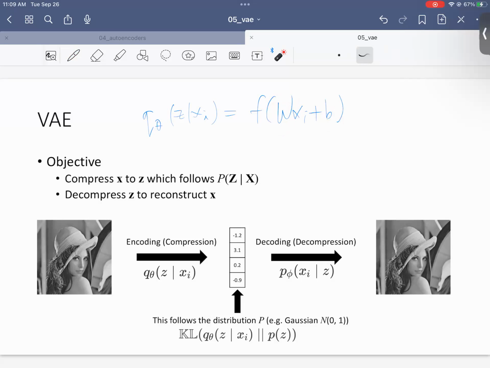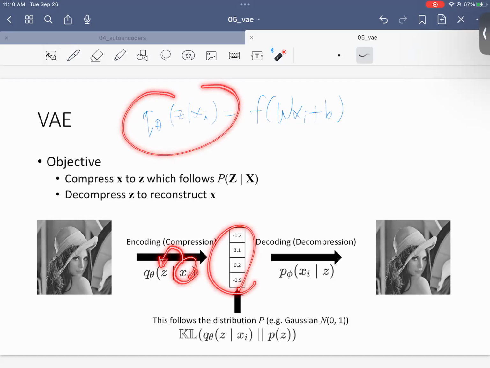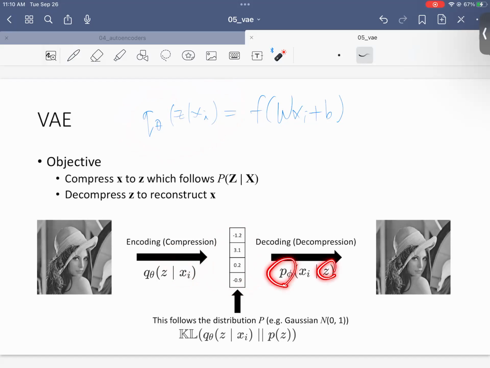And P phi is the decoder, where phi is the learnable parameters of the decoder. This makes natural sense because the role of the encoder is that it receives X and generates Z, which is a latent variable. The role of the decoder is that it receives the latent representation Z and reconstructs X_i. So that's the whole setup.